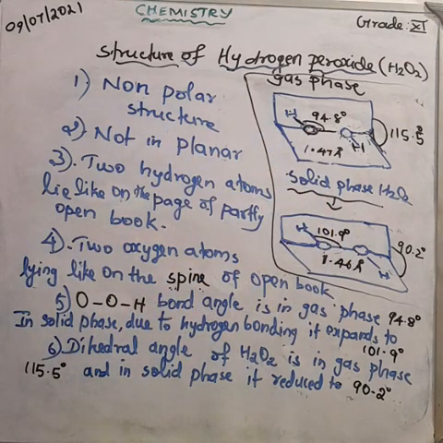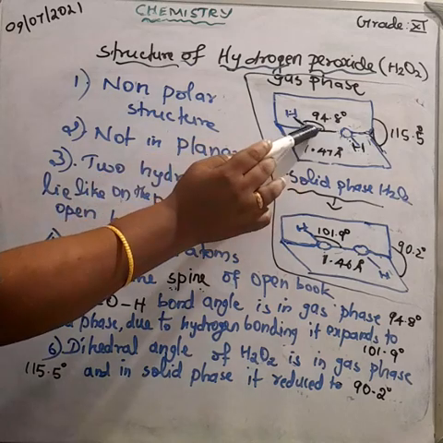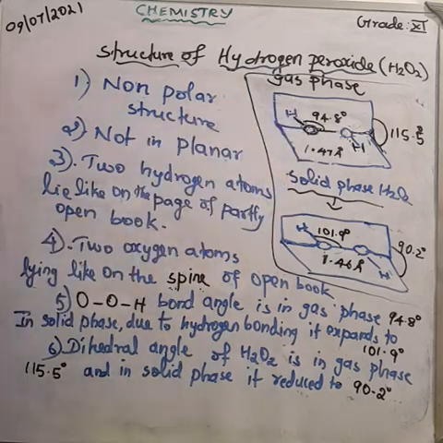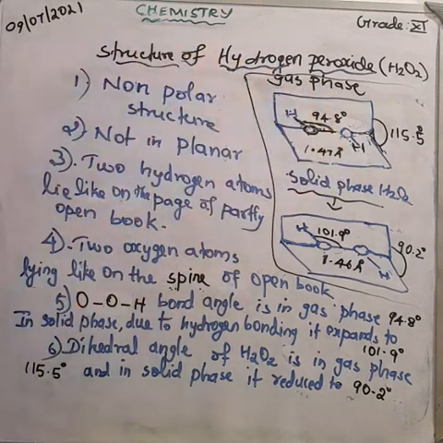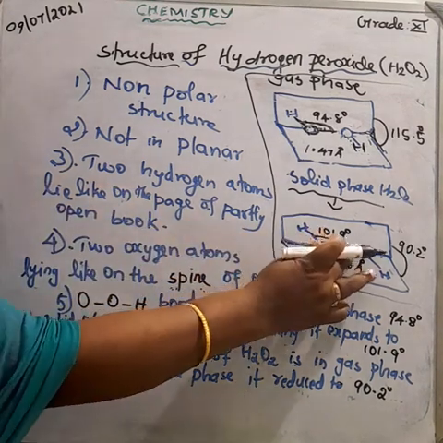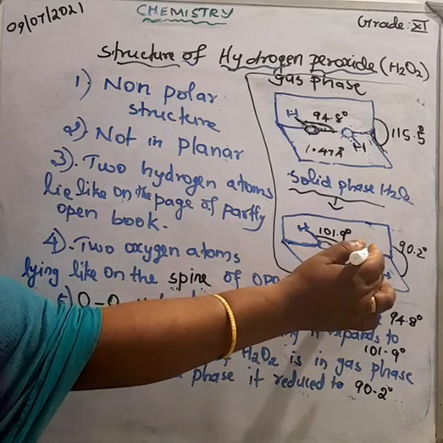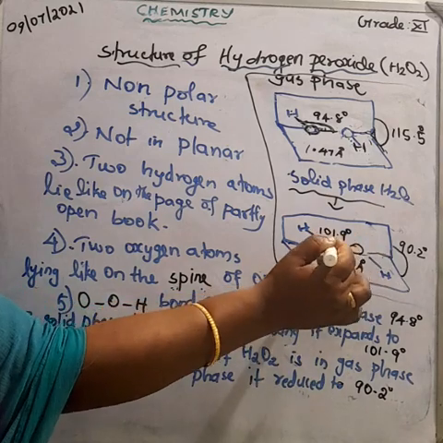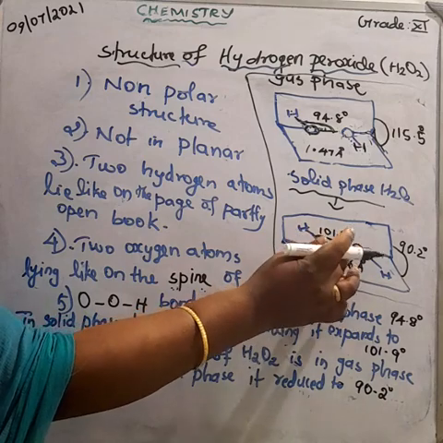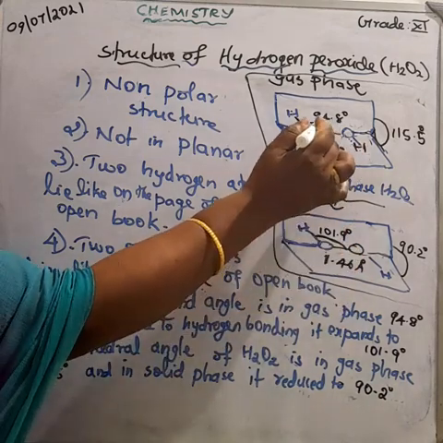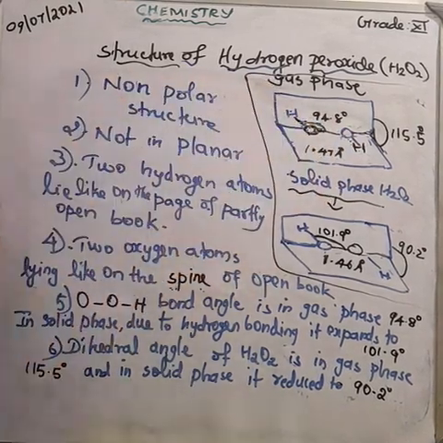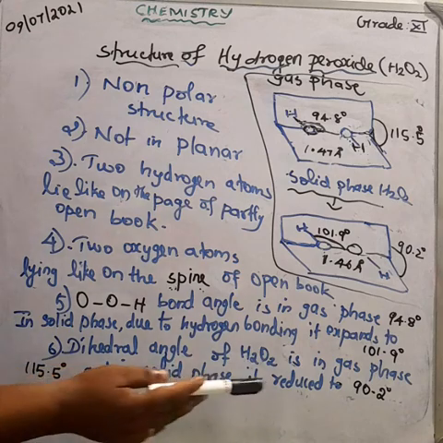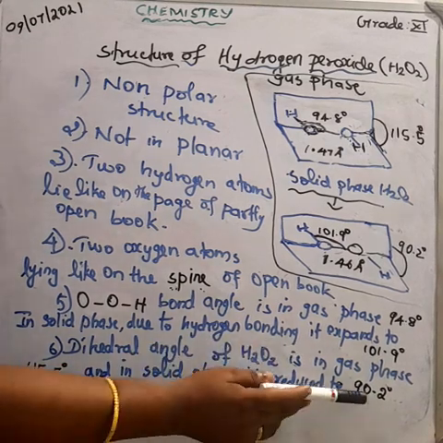Okay, and the next point, the O-O-H bond angle. The bond angle of hydrogen peroxide in the gas phase is 94.8 degrees, and in the solid phase, due to hydrogen bonding, it expands to 101.9 degrees. Next, the dihedral angle of hydrogen peroxide in the gas phase is 115.5 degrees, and in the solid phase it reduces to 90.2 degrees.